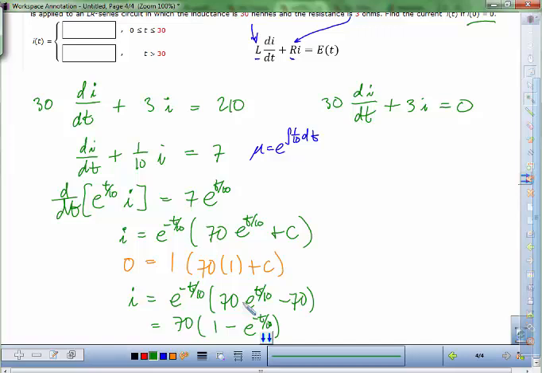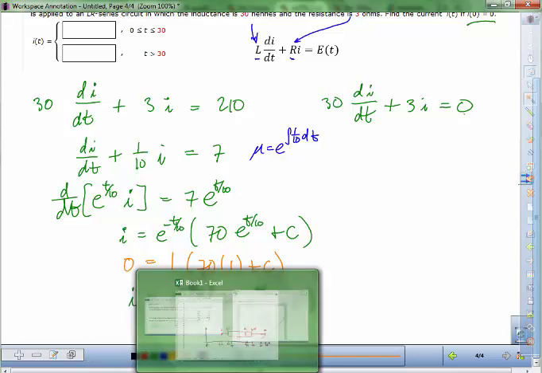I hope that's right. So if you copy through the same things, except this is 0, the antiderivative of this is just a constant. So all this stuff would be gone. And then all you would have is 70 times e to the negative t over 10. So I'll let you do that.